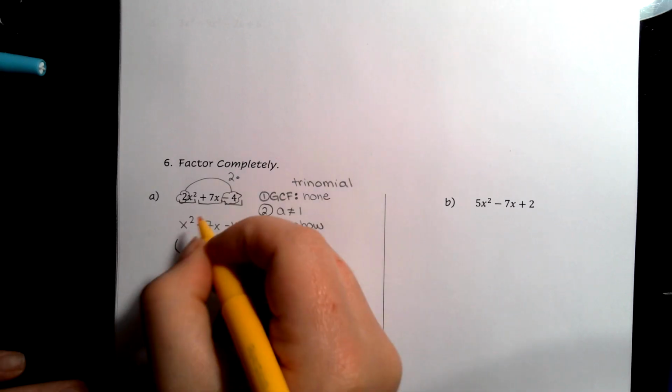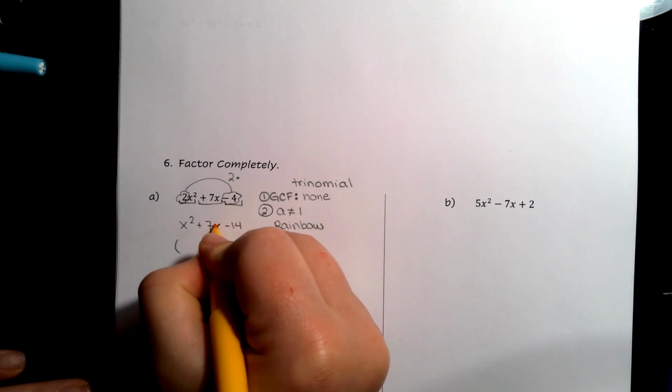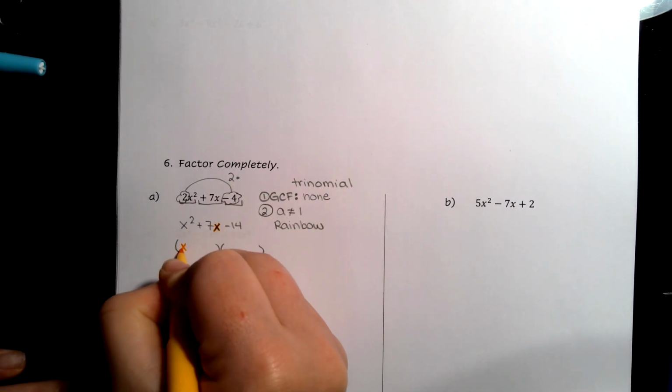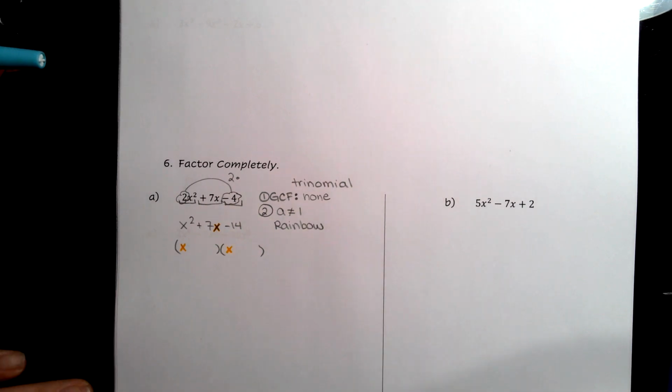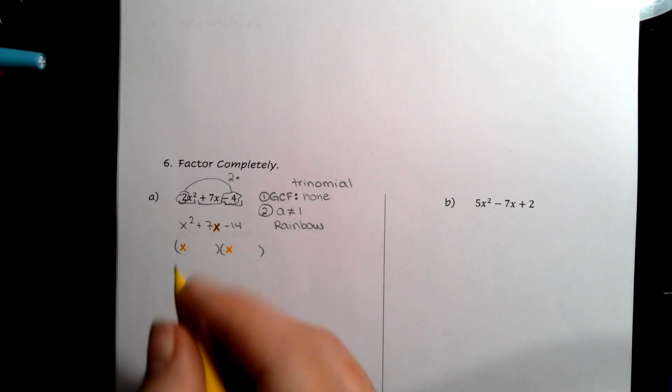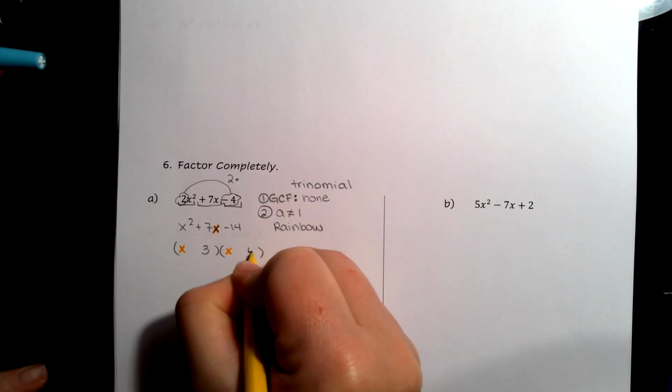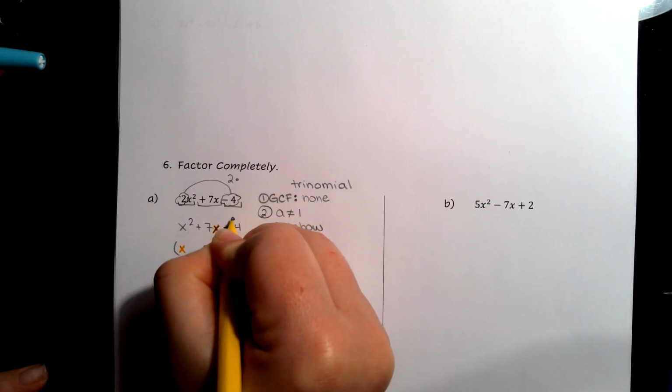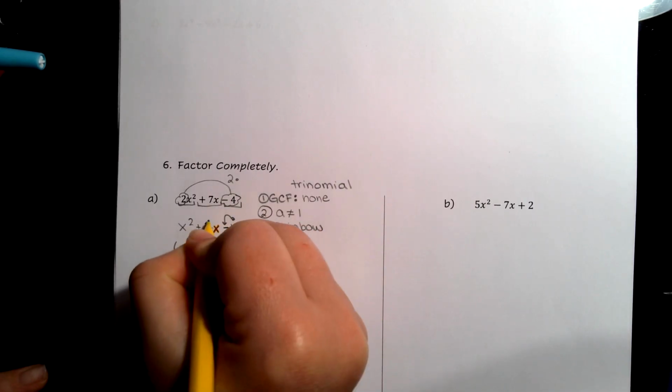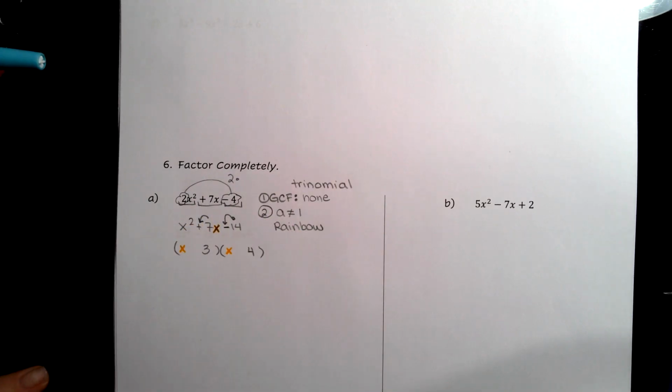Now the trick here is always taking this middle variable and writing it as your first terms here. Okay, two numbers that multiply to 14 but add up to 7. We got 3 and 4. We need them to multiply to a negative number but add up to a positive number. So let's see if that works.